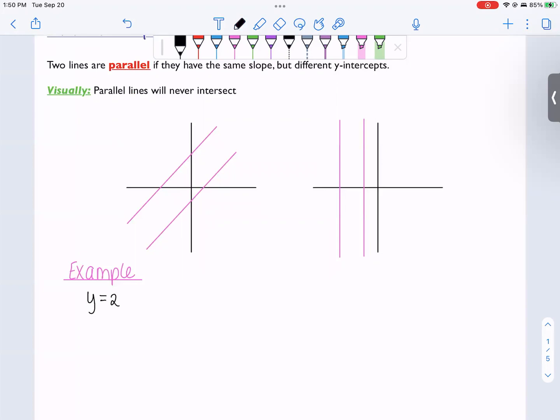If we have y equals 2x plus 7, y equals 2x minus 5, these are parallel lines. They have the same slope, 2, and they have different y-intercepts, 7 and negative 5.